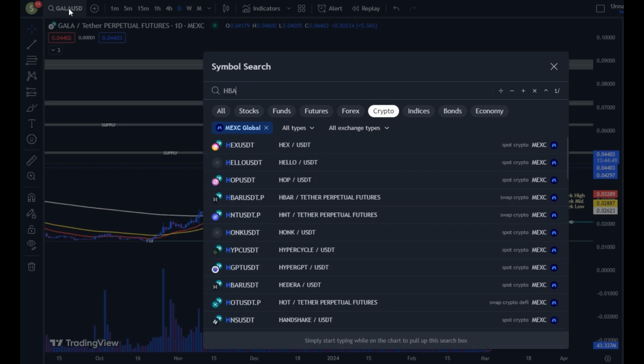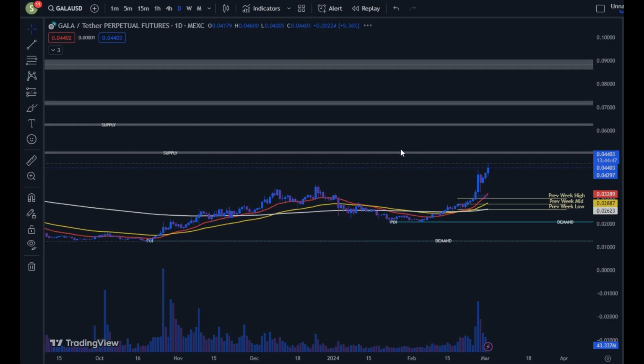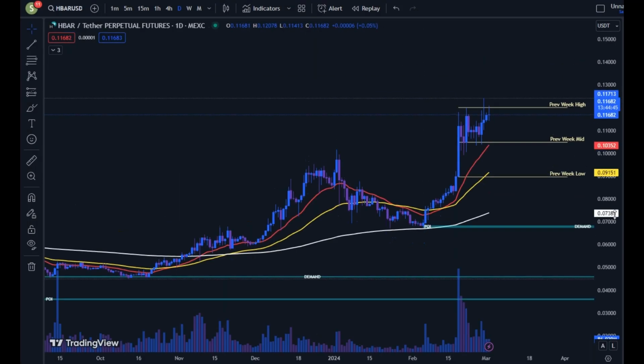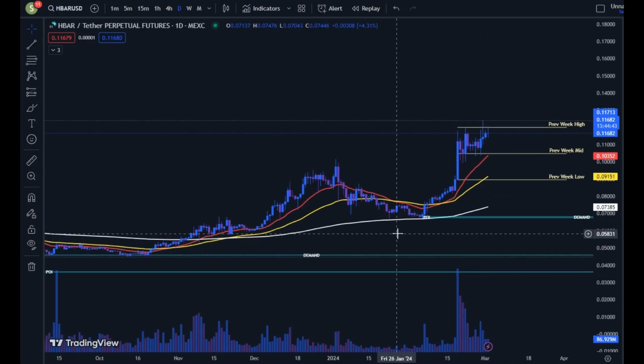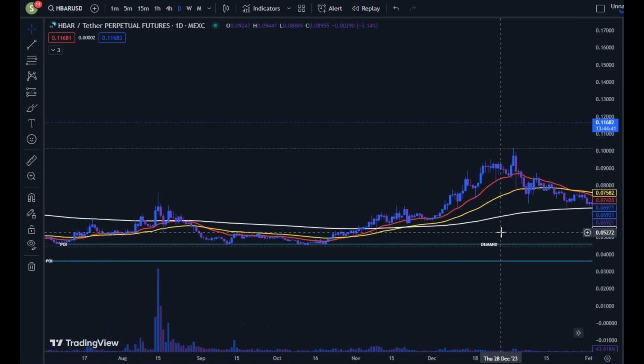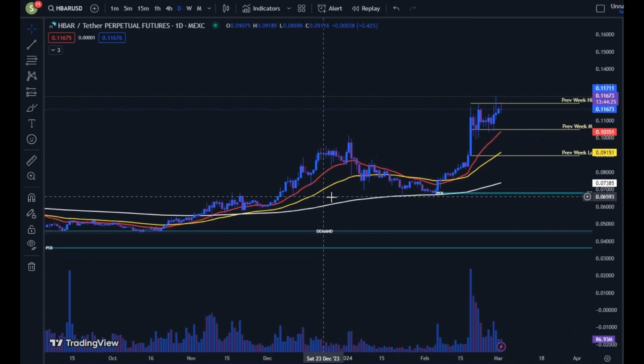We've got HBAR. So we'll look at HBAR. HBAR's moved a lot again. This is the area again where you'd have wanted really to take the trade on HBAR. You've got your 200 crossing under, your 20 crossing up above, the 50 in the middle area, and then a push off.